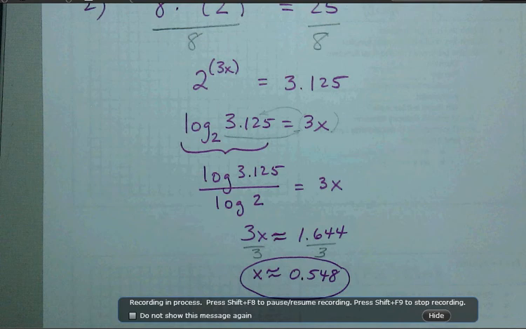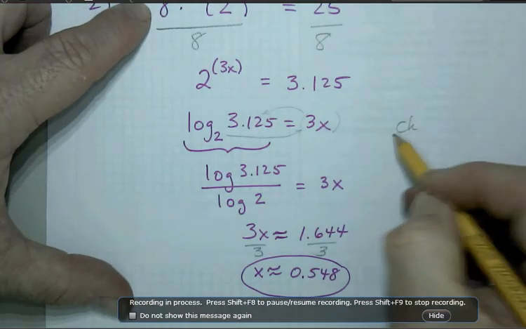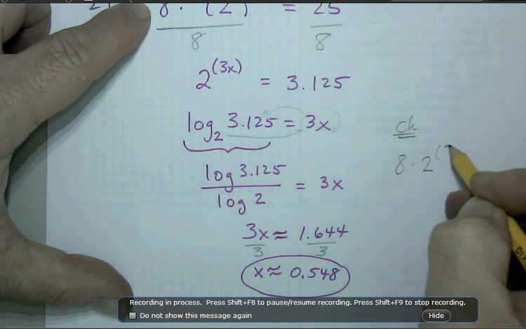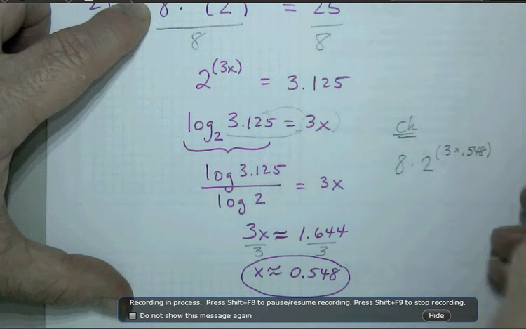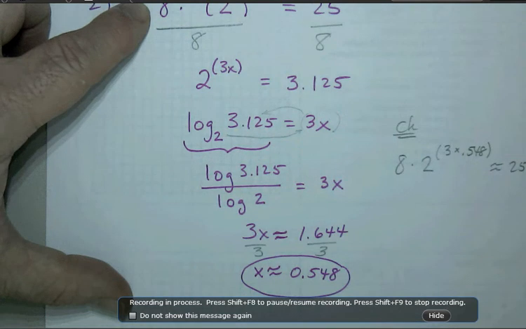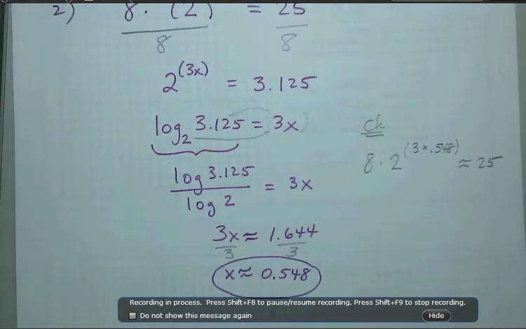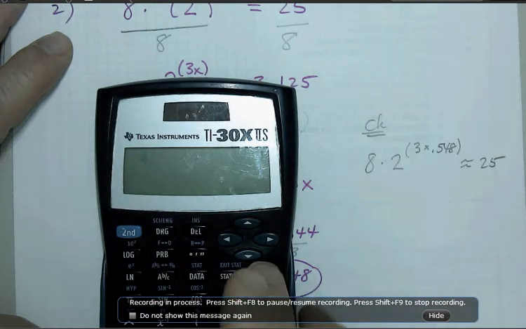Well, I can check it. I can go back up top and say 8 times 2 raised to the 3 times 0.548, and that should come out to be about 25. Now, as much work as I've done with exponential functions, I should know how to type that in. That should be easy.